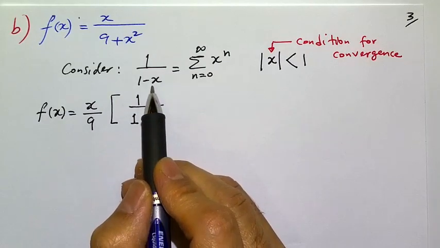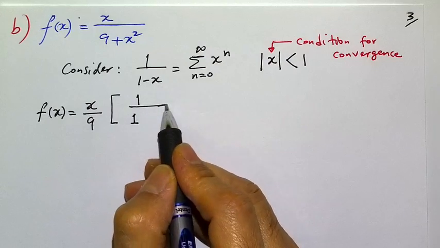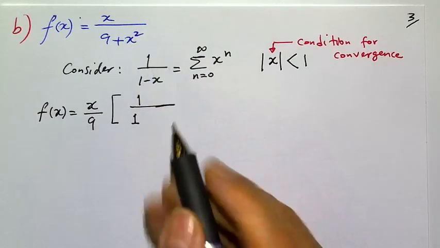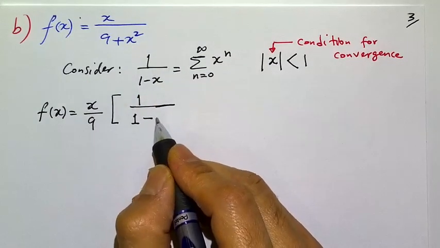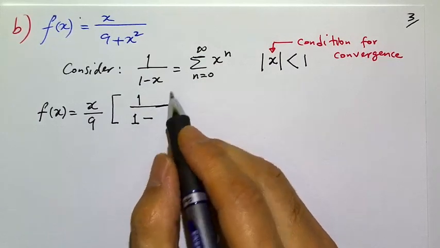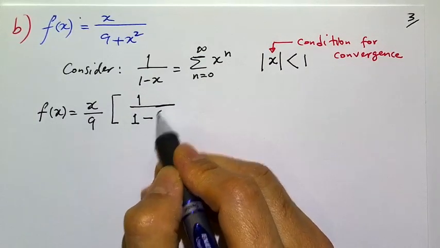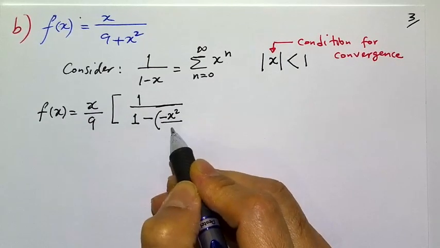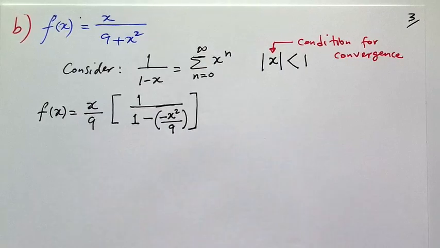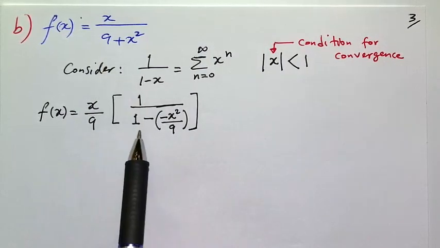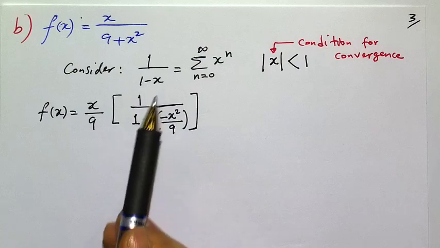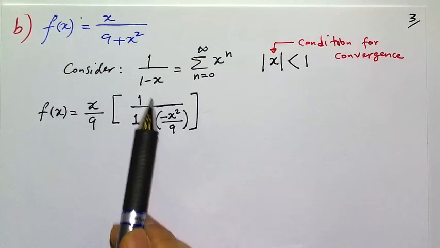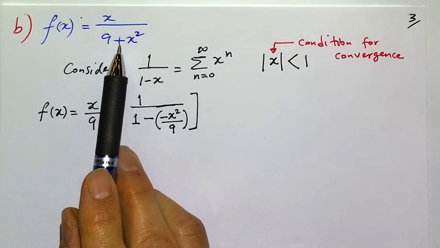And then instead of minus x, we need to end up with plus x squared, right? So we will have minus, and then we will have minus x squared over 9, right? Just factoring 9 from the denominator, we should end up with this. And of course, because we want this to look like that, that's why I had minus instead of plus.